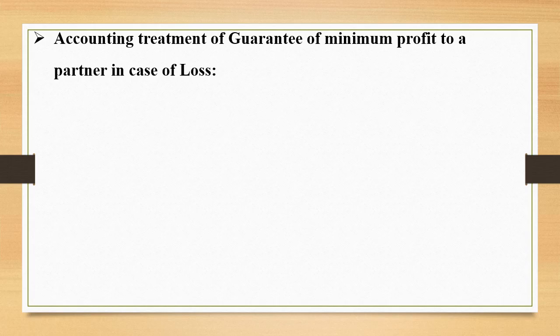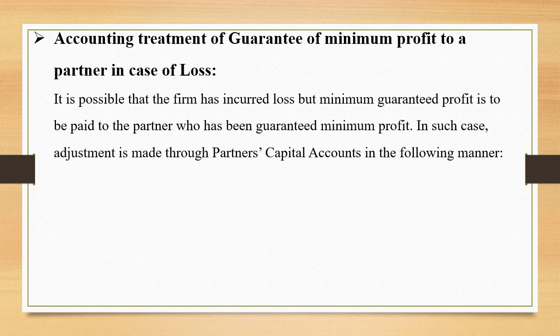Accounting treatment of guarantee of minimum profit to a partner in case of loss. Very important. It is possible that the firm has incurred loss, but minimum guaranteed profit is to be paid to the partner who has been guaranteed minimum profit. In such case, adjustment is made through partner's capital account in the following manner.